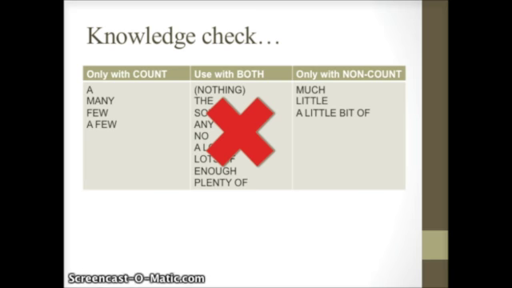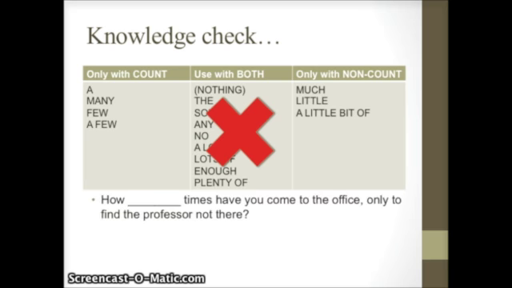We still want you to distinguish now clearly between the count and non-count nouns in this exercise. Note that times has the plural s attached. This shows that it is clearly countable.